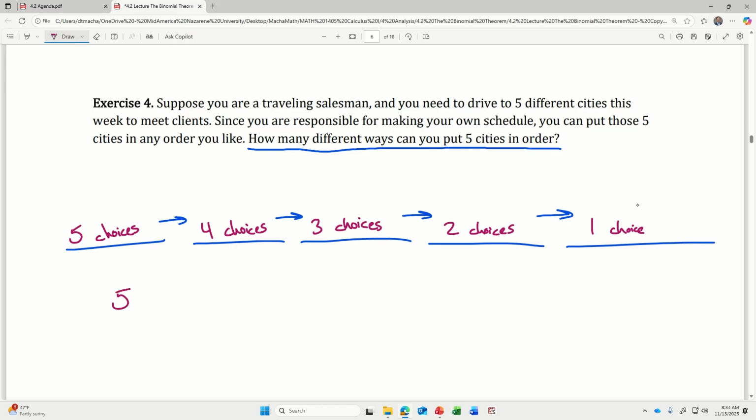Because I've got 5 times 4 times 3 times 2 times 1 different ways to do this. Because every time I have a decision, I'm multiplying by the number of choices I have when I make that decision. So in this case, we could just do 5 factorial. Exactly. This is 5 factorial.